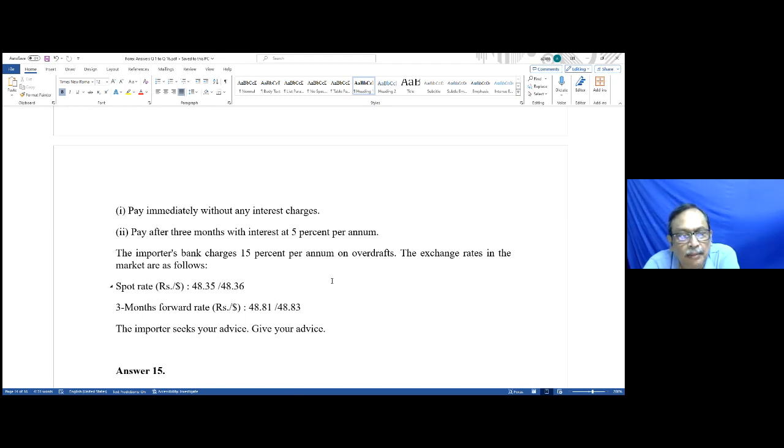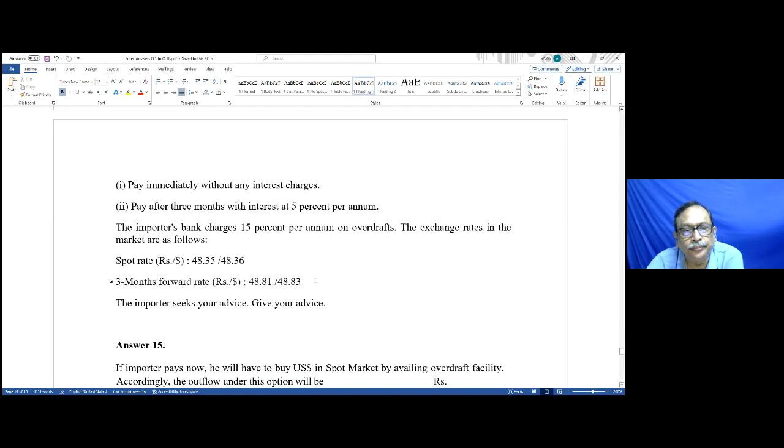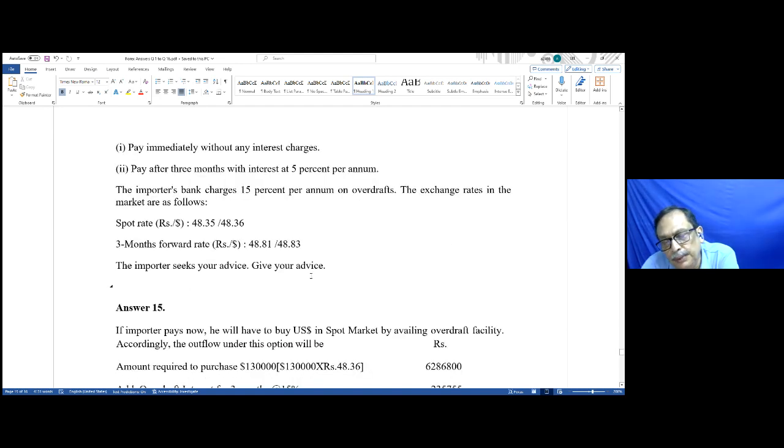The exchange rates in the market are as follows. Spot rupees per dollar 48.35 and 48.36. 3 months forward rate rupees per dollar 48.81 and 48.83. The importer seeks your advice, give your advice.